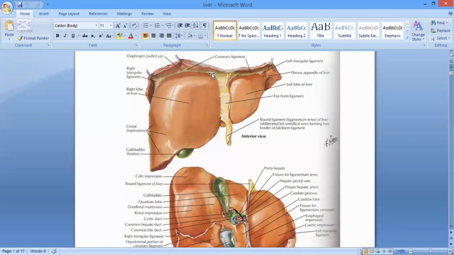The right one is going to form the anterior upper layer of the coronary ligament, and the left layer is going to form the anterior upper layer of the left ligament, which you can say is also an extension of the coronary ligament, going on to form the left triangular ligament. We'll talk about it in detail also, right? So this falciform ligament divides into the right and the left, and these are the anterior layers of the coronary ligament. ठीक है जी, problem तो नहीं है जी?